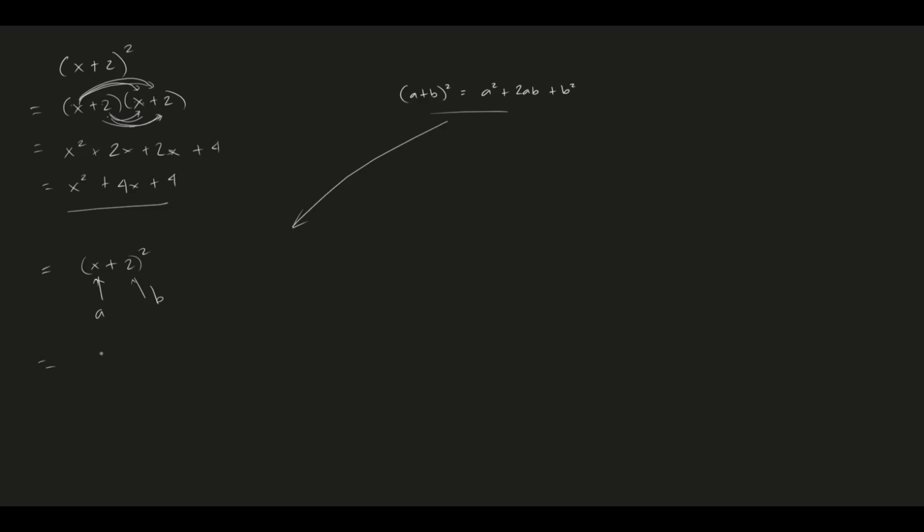Following the format, we have a, or x, squared, plus 2 times a, which is x, and b, which is 2, then plus b squared, and your b is 2, so squared. Simplifying, x squared is x squared, plus 2 times x times 2 is 4x, plus 2 squared is 4. So it's the same answer.